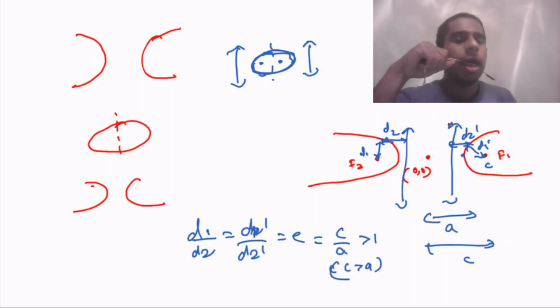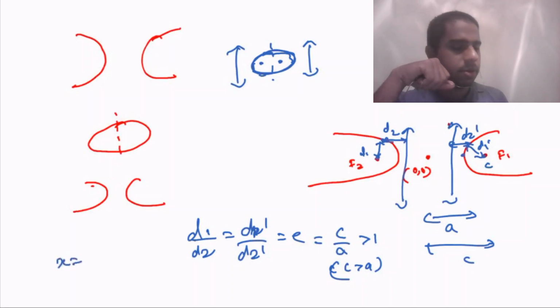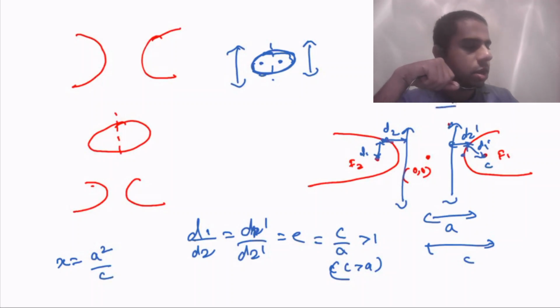Here you also need to know the distance of the directrix. The definition is the same: a square by c. If you observe carefully, x equal to a square by c is the distance of the directrix from the center.